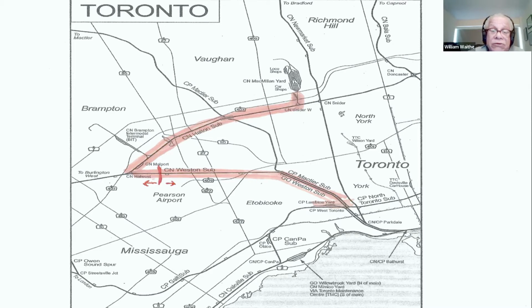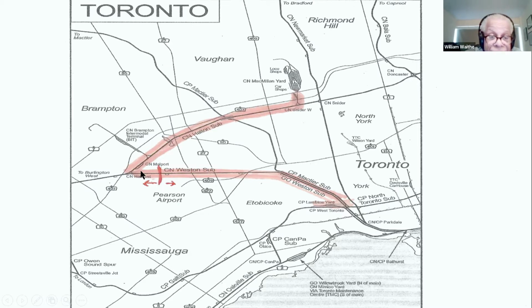So this is a map of the area, and we have here the Weston sub. This is the Halton sub, which continues west, and the junction at Hall West goes on to the Weston sub. The industries of interest that I'm modeling are in this 12-mile section.